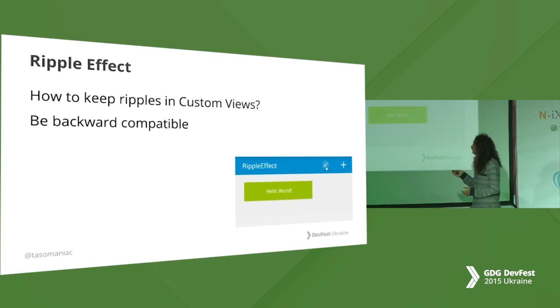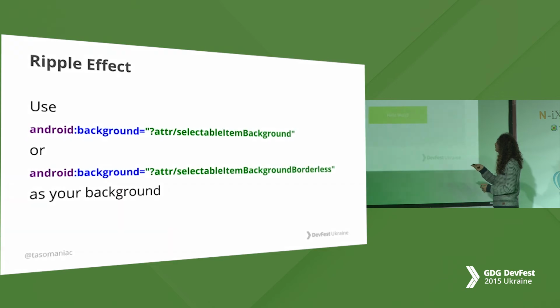So they have now really nice attributes that you can use. When you use selectable item background attribute or selectable item background borderless attribute, you will get the nice touch effect on devices after Lollipop with a ripple effect, and you will get the nice touch feedback on the older devices as well.